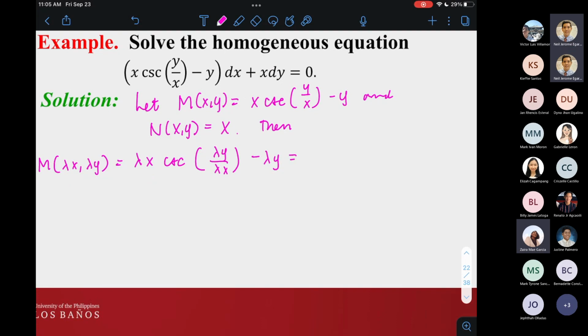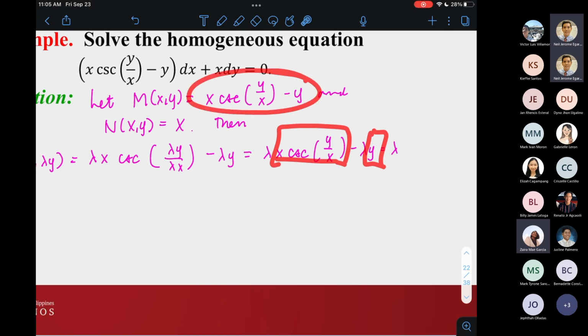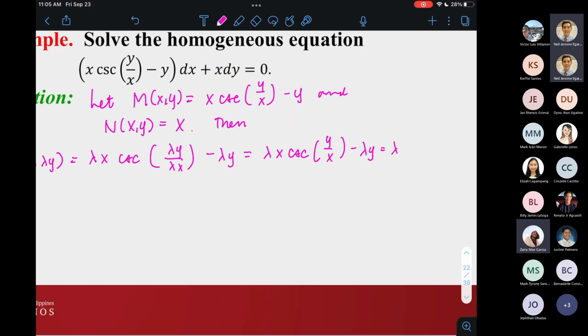Simplify it, we'll have λx cosecant of, luckily, na-cancel lang yung lambda doon, y over x minus λy. Tapos, pwede kong i-factor out si lambda. Pag finactor out ko si lambda, matitira ito sa first term, matitira ito sa second term. Oh, but that is essentially M. All right? So this is equal to M of xy.